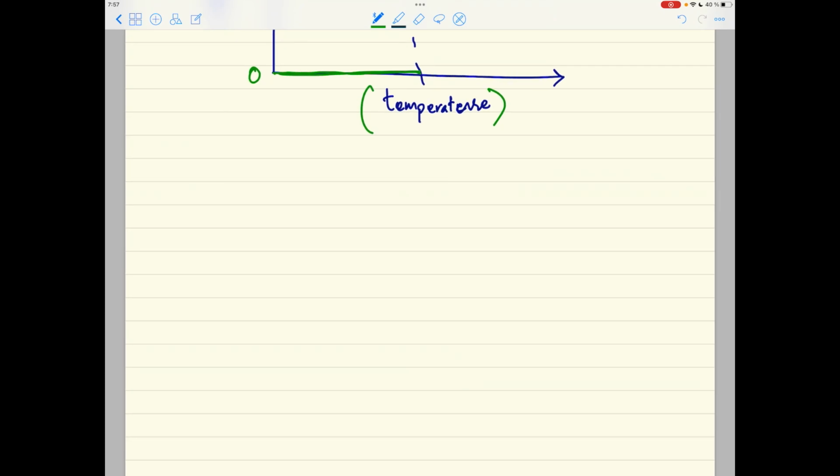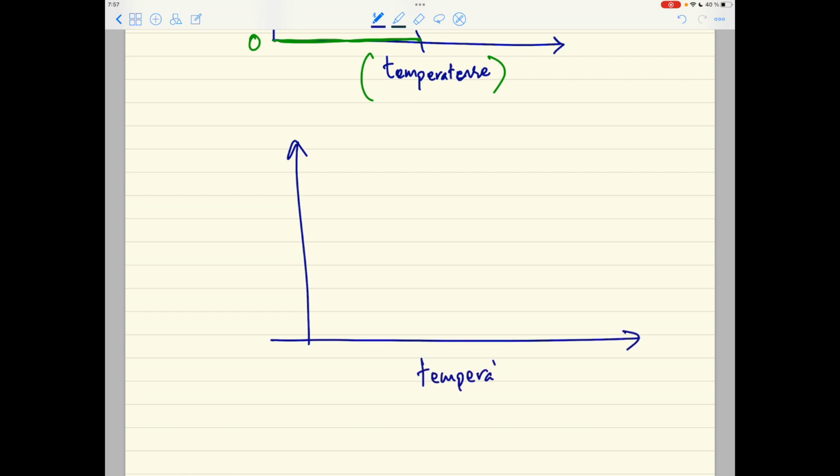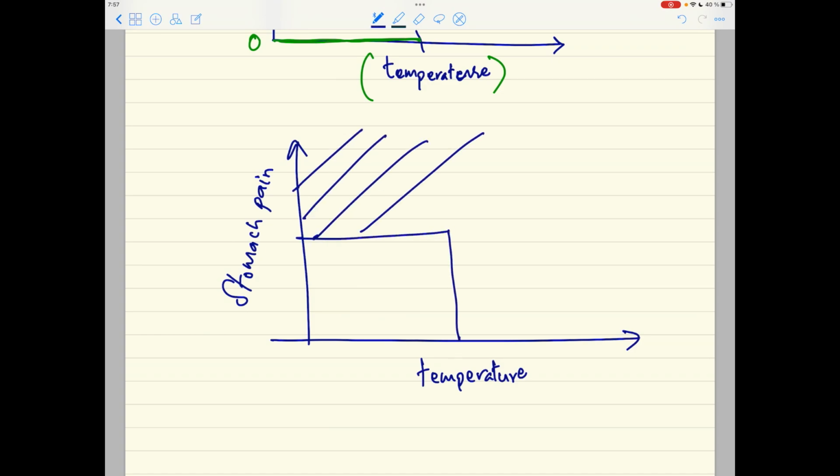Okay, and it can get more complex than this. Let's say instead of just the temperature, you also have stomach pain as a feature. So along the y-axis, you can have stomach pain. Only if the stomach pain and the temperature are above a certain threshold, that's when you admit someone.